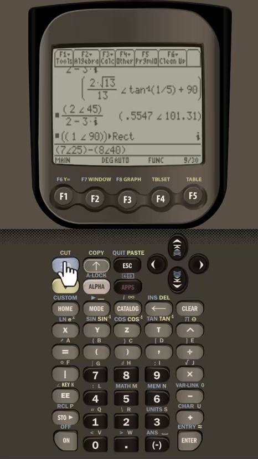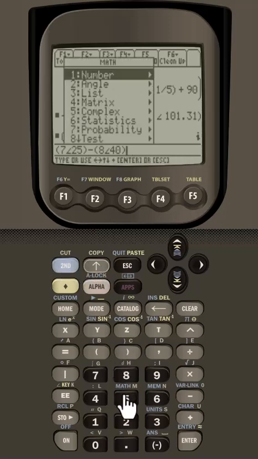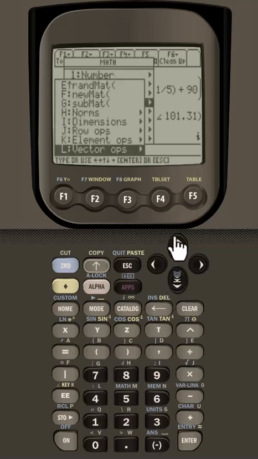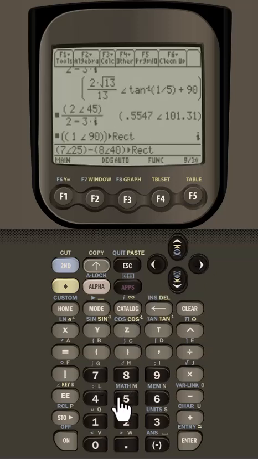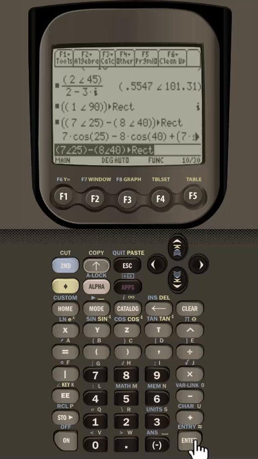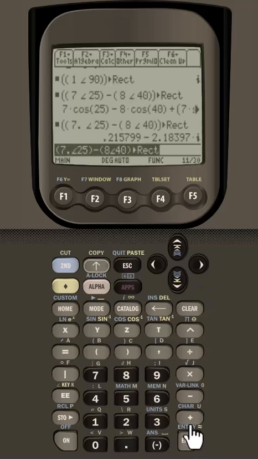I can go ahead and do second, math, matrix, vector operations, convert to rectangular as number 5, and press enter, and it'll automatically give it to me in rectangular. Notice it's giving me the exact value, which I don't want, which I always forget about. I'm just going to put a decimal in here somewhere. There we go. Enter, and now it gives it to me in rectangular format.